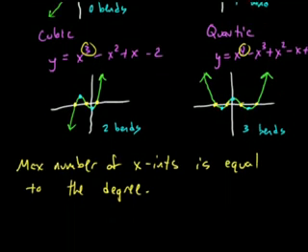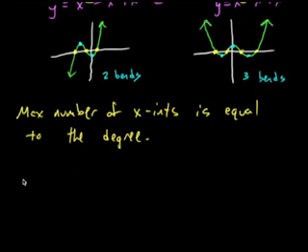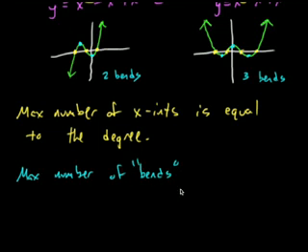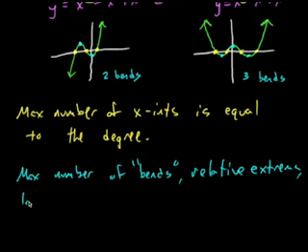So as far as the max number of bends, I'll call them bends. I might say relative extrema, or we can even call them, sometimes I'll say local max or mins, is 1 less, right?